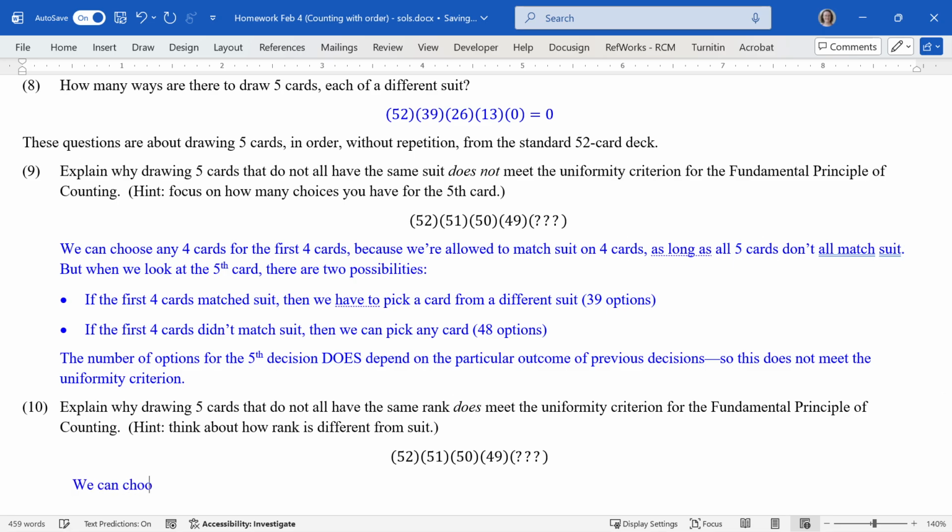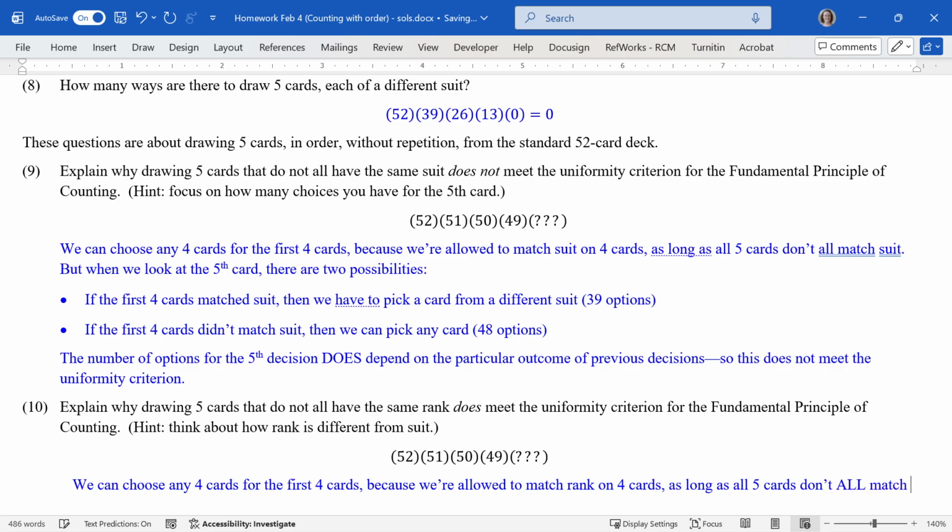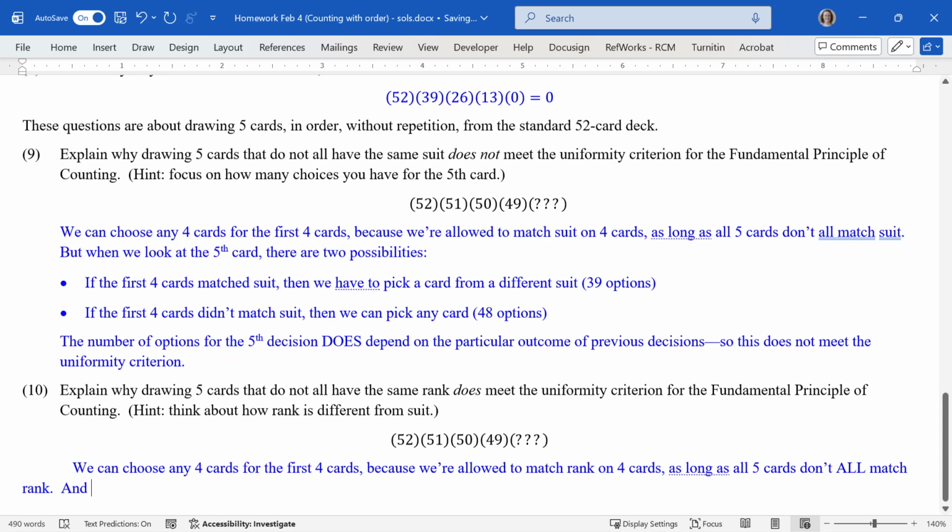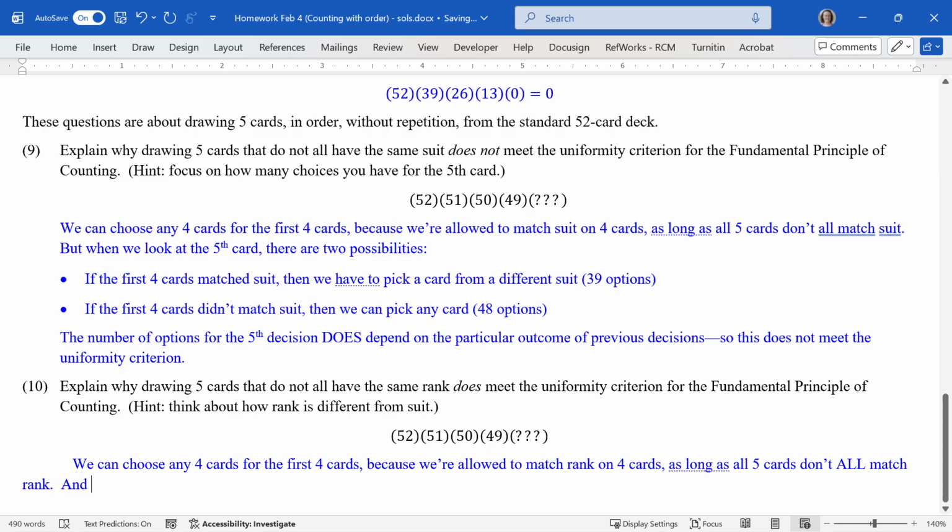So we can choose any 4 cards for the first 4 cards because we're allowed to match rank on 4 cards as long as all 5 cards don't all match rank. Okay, but when we look, maybe instead of the word but, I'm going to use the word and because it won't actually be a contradiction this time.